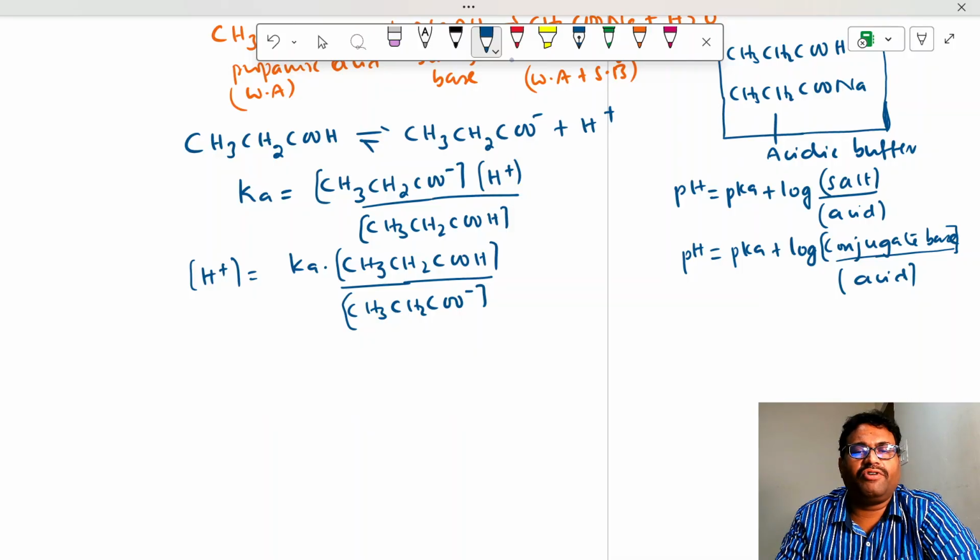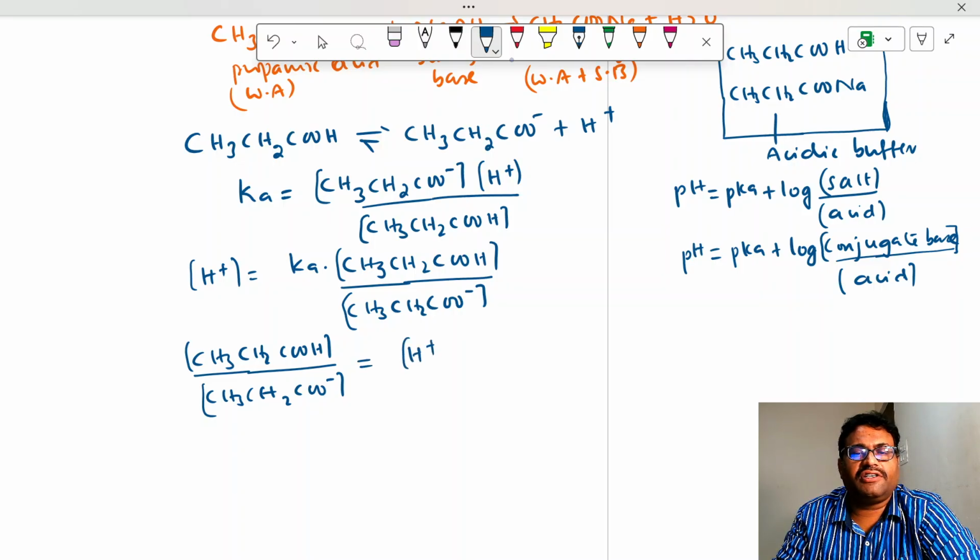Now I want to rewrite this formula again. On rewriting, CH3CH2COOH concentration by CH3CH2COO minus concentration is equal to H plus ion concentration by Ka.